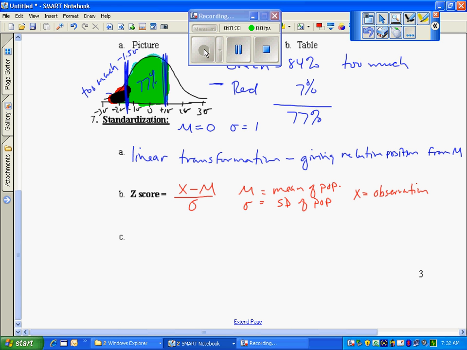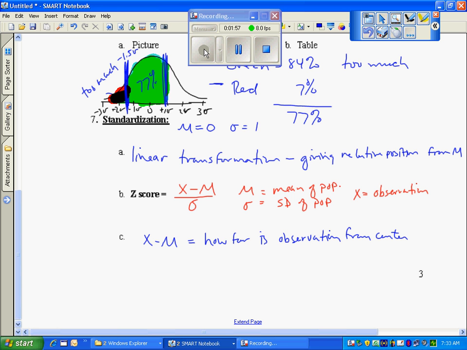And so what happens here is, if I look at the x minus mu, let's break that down, x minus mu, that's just telling me how far the observation is from the center.